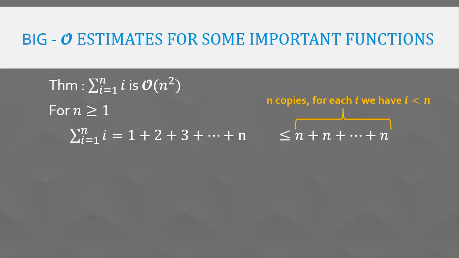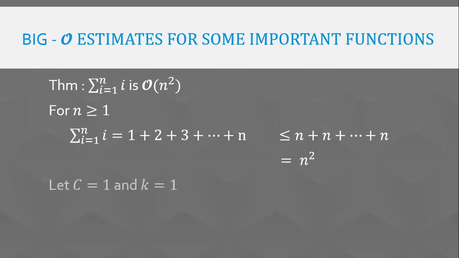That's because each one of these is less than or equal to n. 1 is less than n, 2 is less than n, 3 is less than n. That's n copies of n, that's n squared. So if I let c be 1 and k be 1, I have shown that it matches the definition for big O. So the sum from 1 to n is big O n squared.